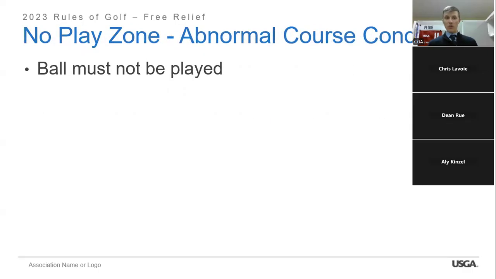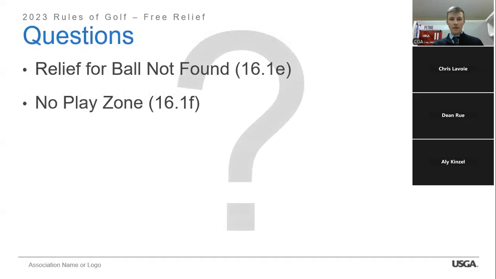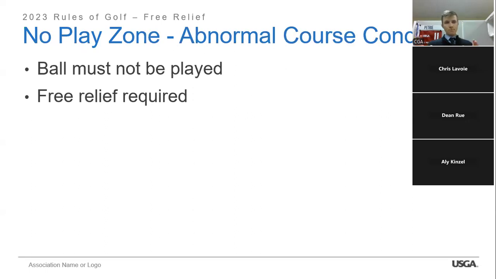Okay. Sometimes we have no play zones. No play zones can be abnormal course conditions and they can be penalty areas. Either way, the ball must not be played from that area. In this case, free relief is required. So this could be a flower bed we don't want to damage. I've even heard of cemeteries on golf courses.